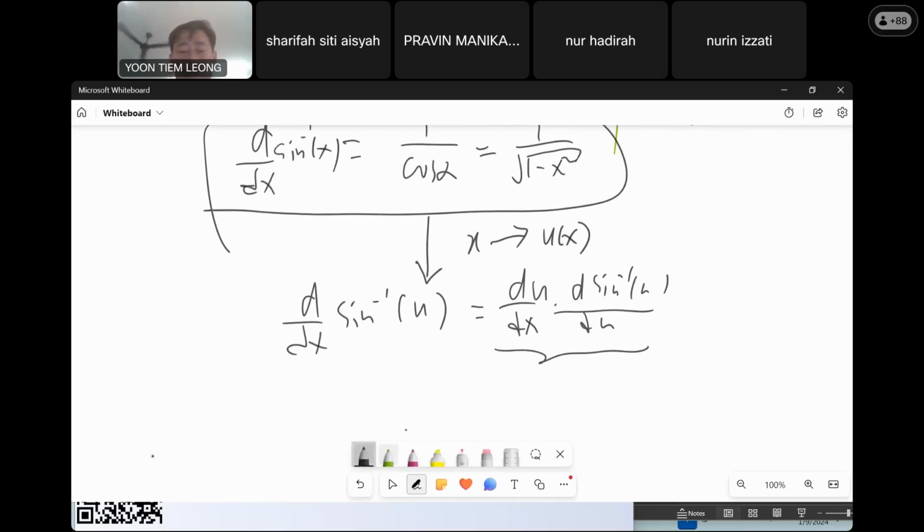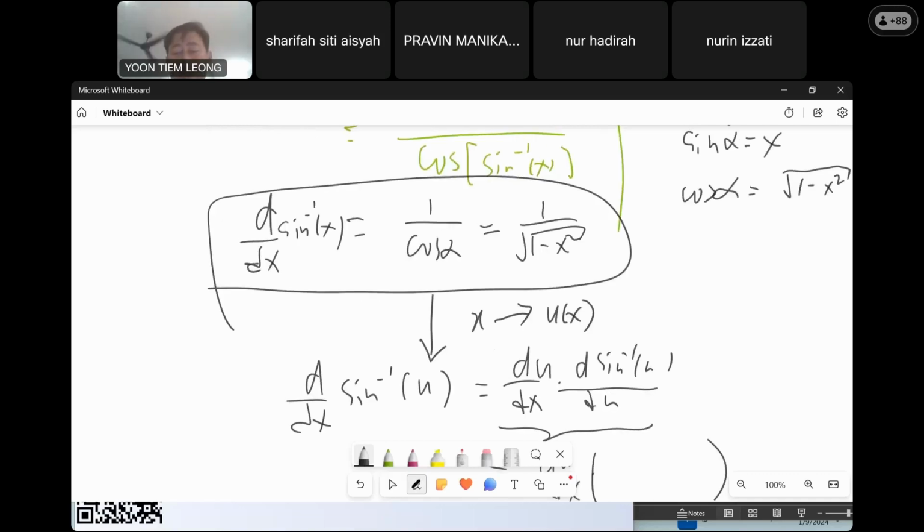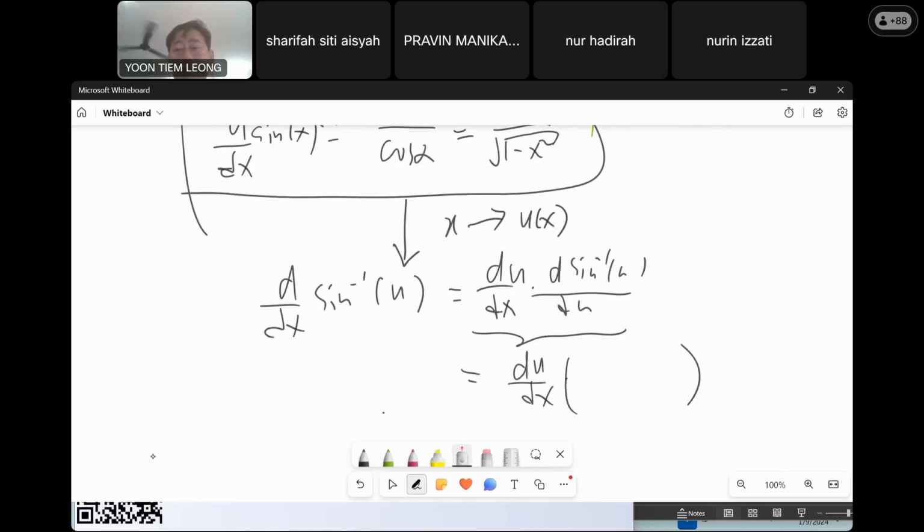This d/du of arcsine of u can be just written down if you know d/dx of arcsine of x. Therefore, d/du of arcsine of u is simply replacing the x by u in the expression that was derived earlier on.